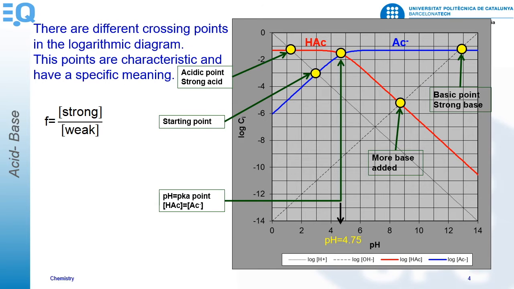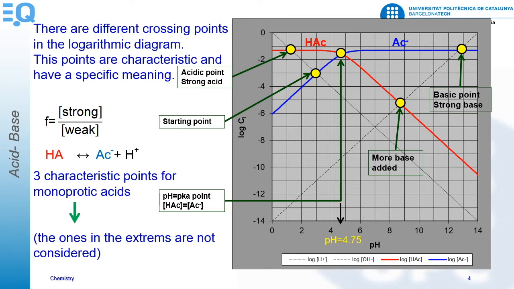The F factor can be defined as the concentration of the strong acid or base added divided by the concentration of the weak acid or base we start with. These are the three significant points in the case of a monoprotic acid. The ones in the extremes are not considered as they correspond to predominance of strong acids or bases.